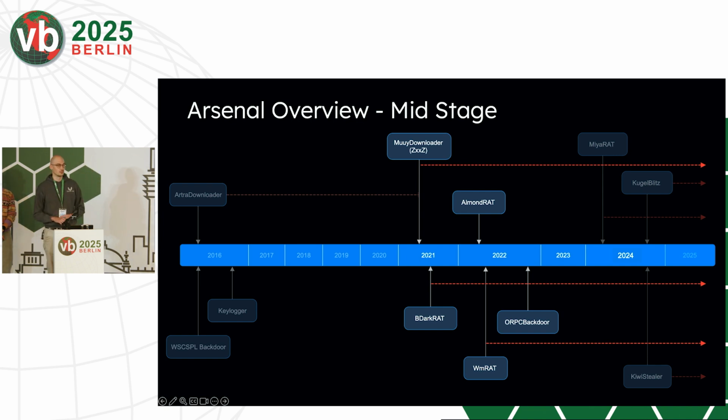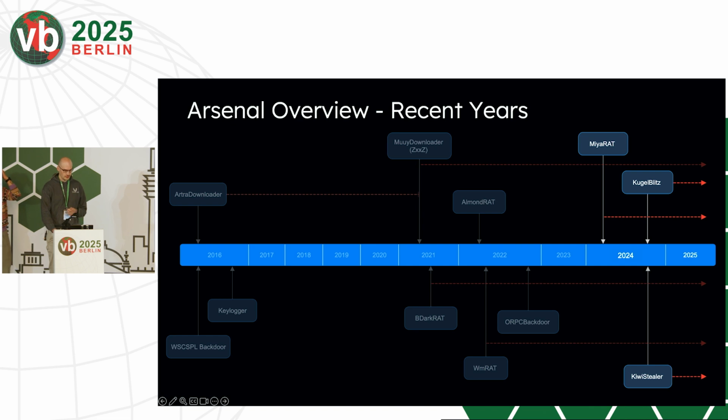So notably, there's MUI downloader, which is basically the replacement for Artra, and is still active to this day with various iterations. We then also saw the emergence of BDark Rat, which was their first .NET Rat, Almond Rat as their second .NET Rat, and we then also have WM Rat, which is still used to this day, and RPC Backdoor, which we will hear of a little bit more later on.